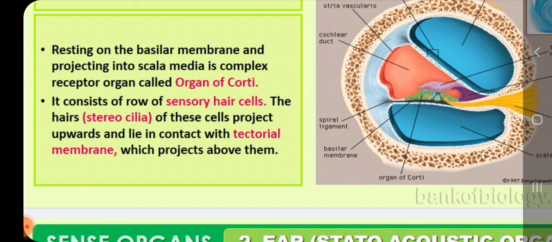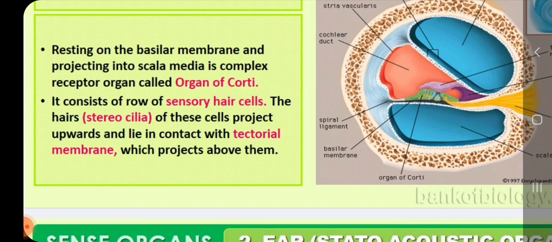Means the apical part of the hair cells has the stereocilia. What is the use of these stereocilia? They also help in the mechanism of hearing.